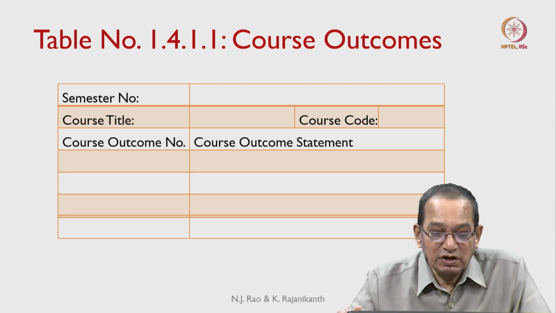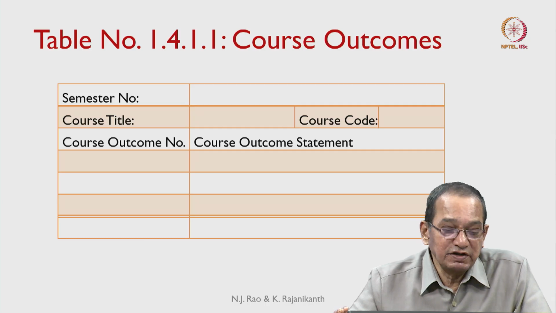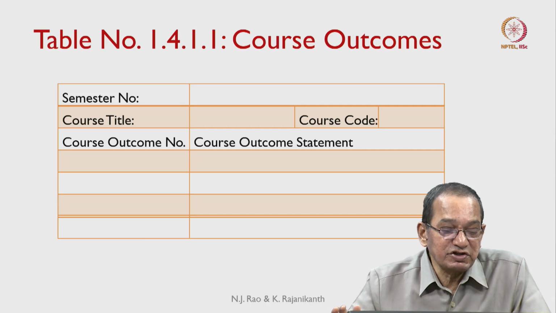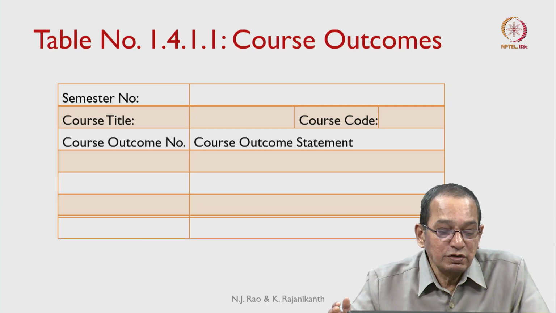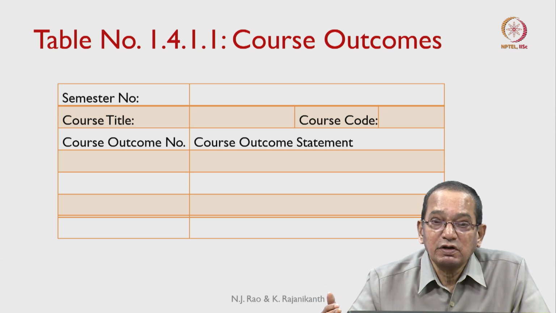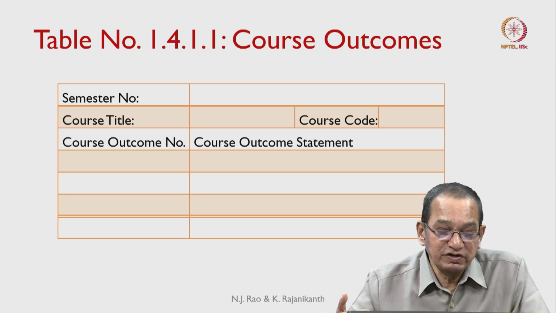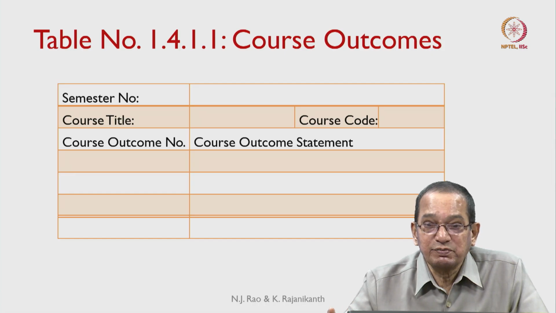So, we have the standard information: semester number, course title, course code, then course outcome number and course outcome statement. How many? 1, 2, 3, 4, 5, 6 and what is the actual statement.